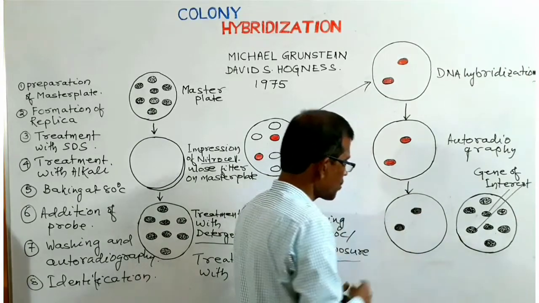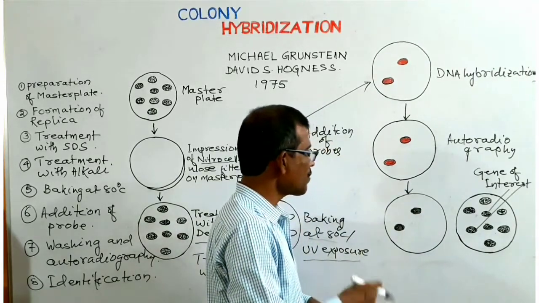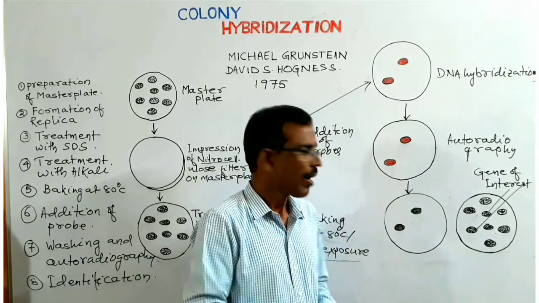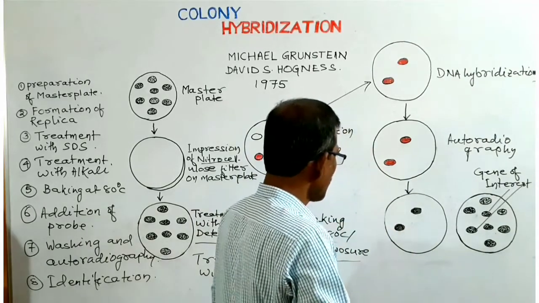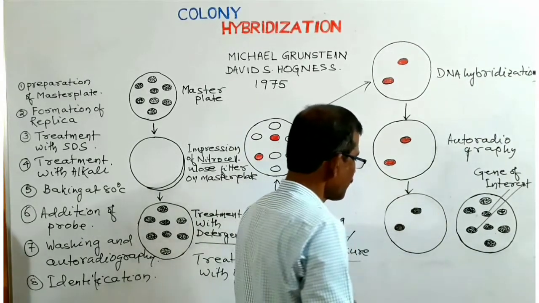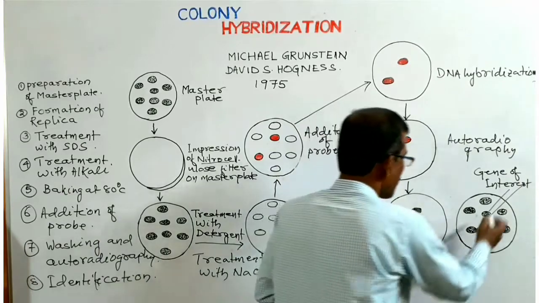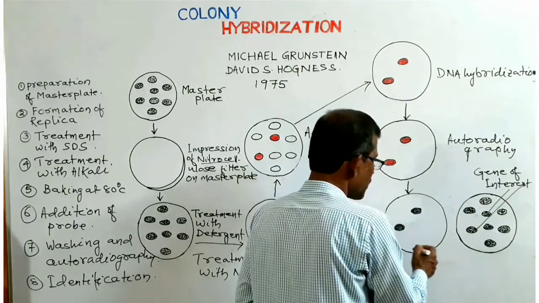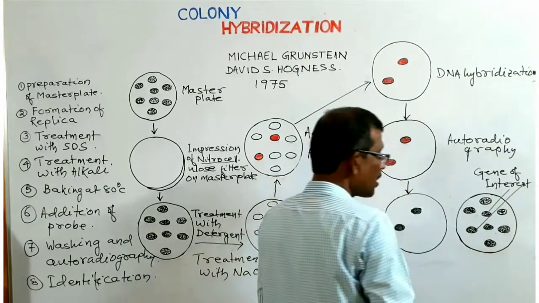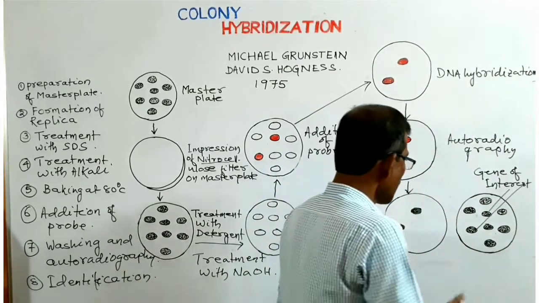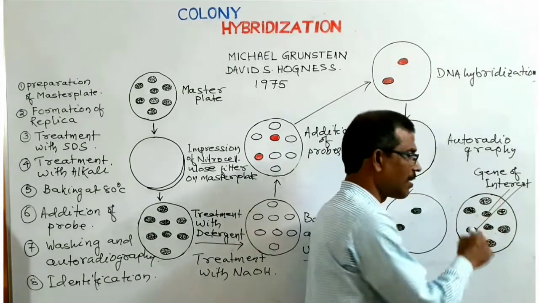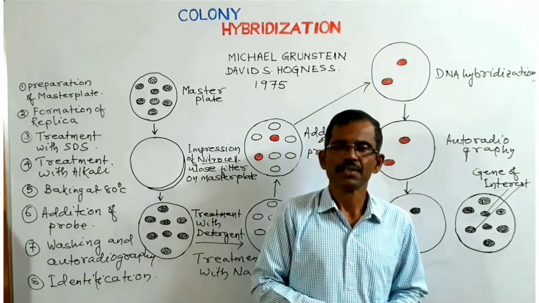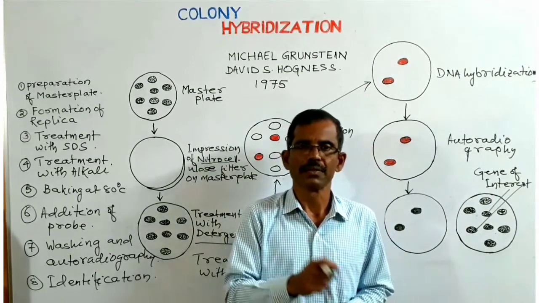These two black spots indicate which bacterial colonies contain the recombinant DNA. After autoradiography, the nitrocellulose filter is compared with the master plate. By comparing the two, we can easily identify which bacterial colonies contain the gene of interest. So friends, this is about colony hybridization.